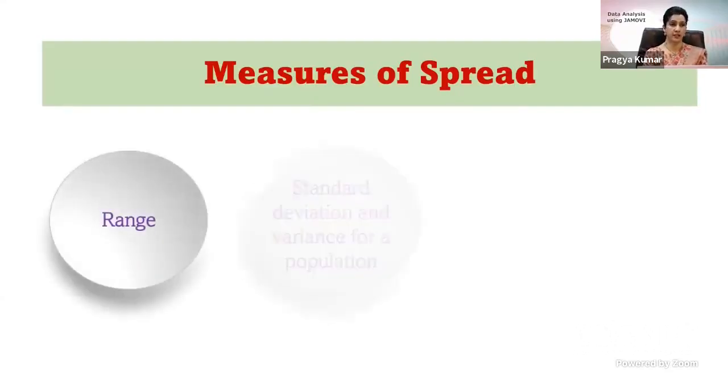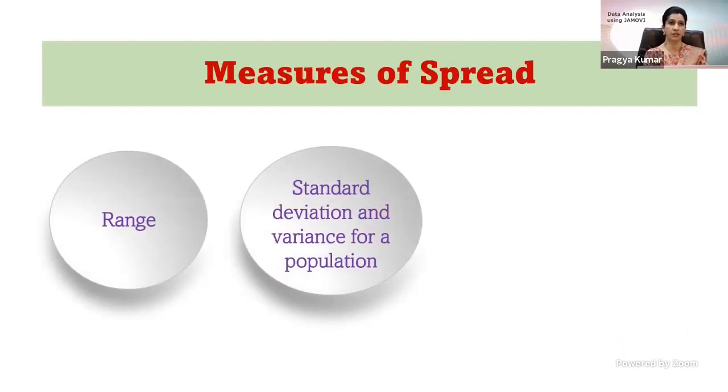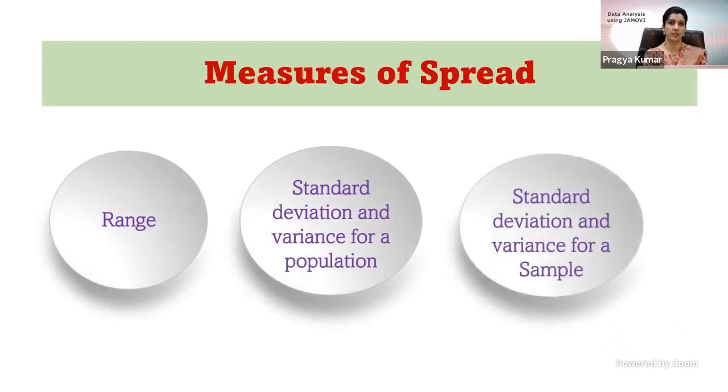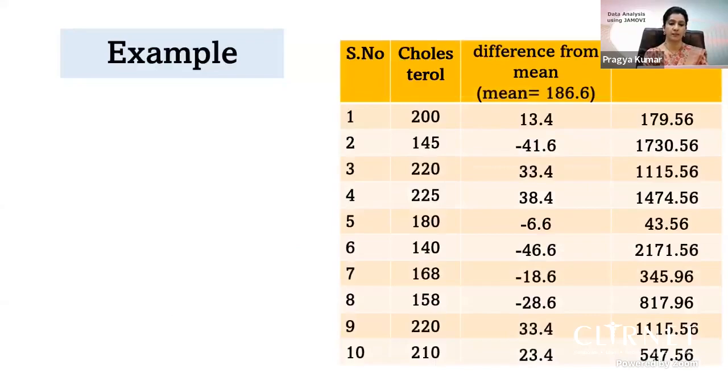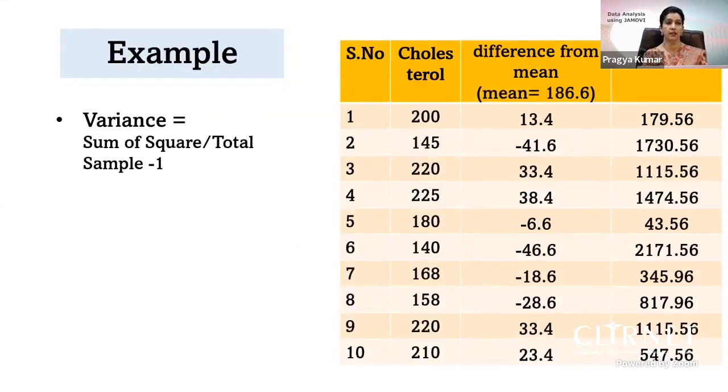Coming to the measures of spread, which is the dispersion, you have got the range, which is the highest minus lowest. Then you have got standard deviation and variance for a population, and standard deviation and variance for a sample. For example, in this case, the variance is the sum of squares divided by total sample minus 1. How do we calculate this?